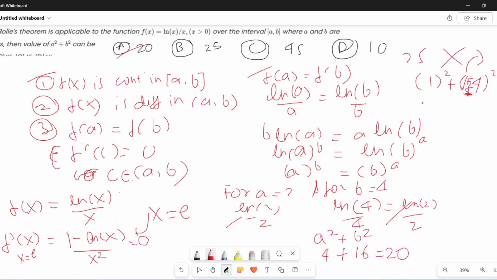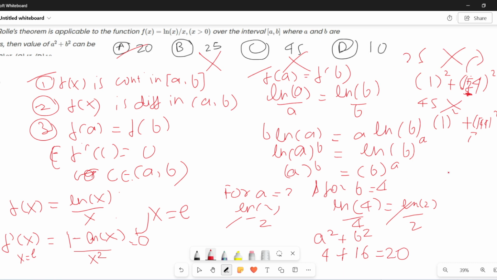For option C, 45, suppose we take a = 1, 1² and b = root 44. This is also not possible because it is not an integer. So option C is not possible. Option B is not possible.